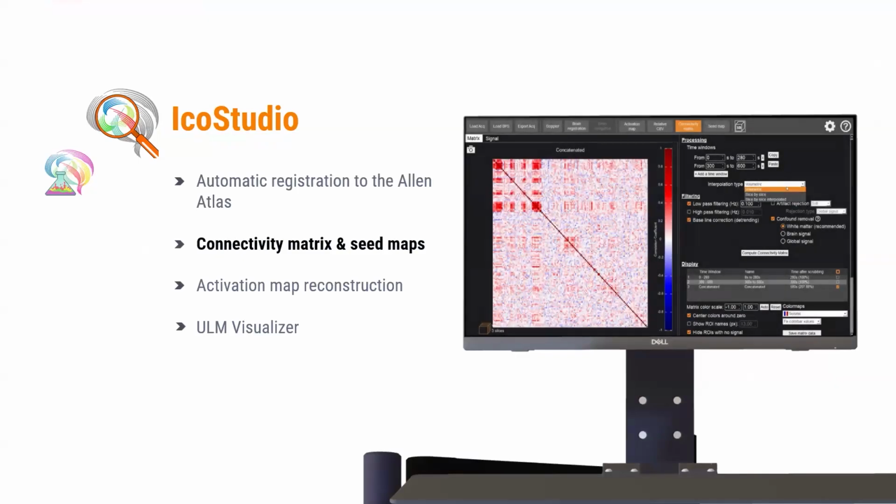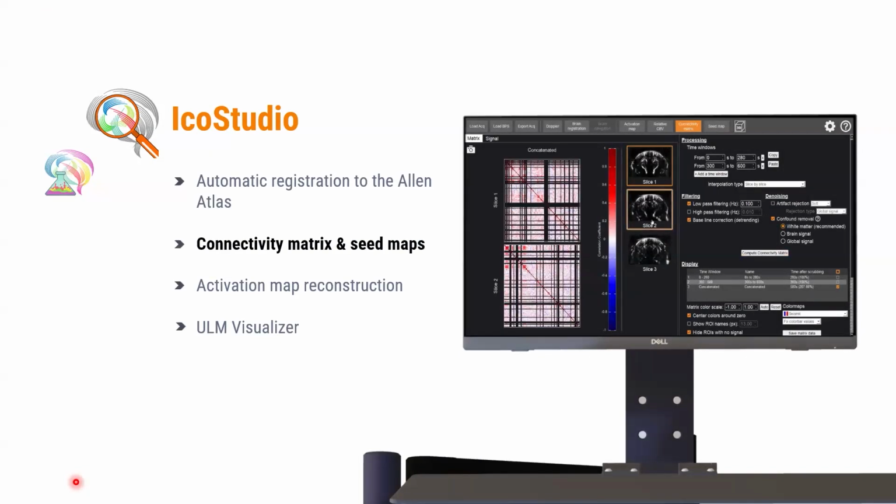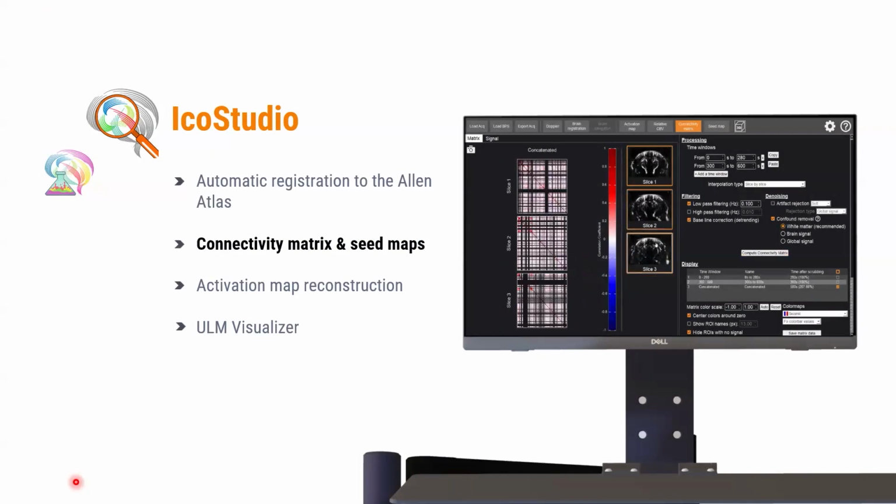You can also compute connectivity matrices as a seed-based map, so everything that we mentioned before can be done directly within the software, exploring a number of parameters in a simple way and in a few clicks to see which are the best for your specific data.